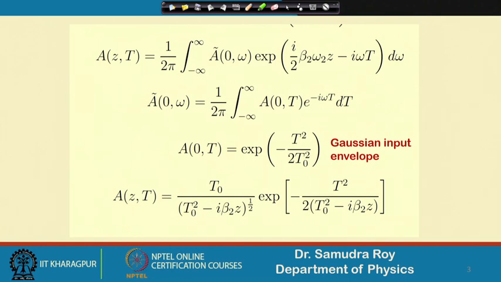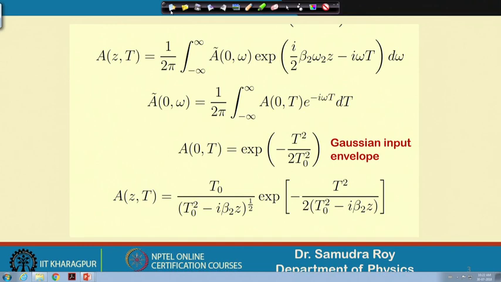So, let us start with the previous class's result, which is the Gaussian wave propagating in a linear medium. The linear medium contains the dispersion term. This is the Gaussian envelope we had, and the solution is of this form.